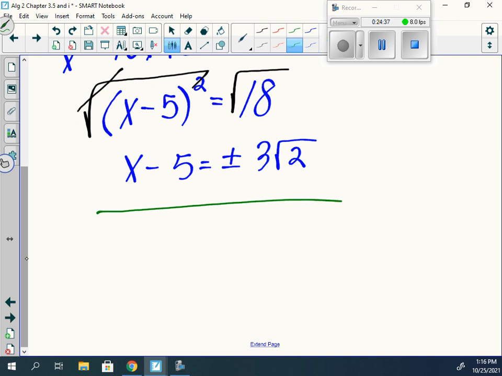We would have to add 5 to both sides, which tells me x is equal to 5 plus or minus 3 square root of 2. Now, are 5 and 3 square root of 2 like terms?